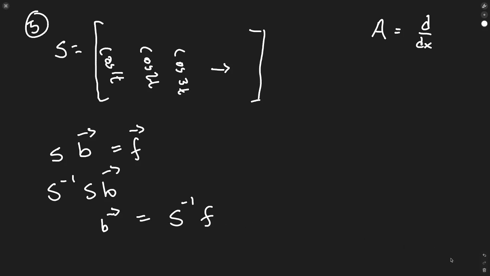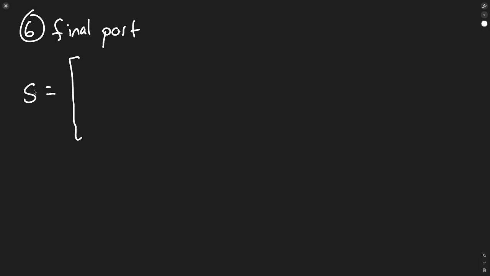Yeah. So now we're here, and let's go on to step 6. So 6 is sort of the final part. So if S is cosine 1t, cosine of 2t, cosine of 3t, and so on, right?